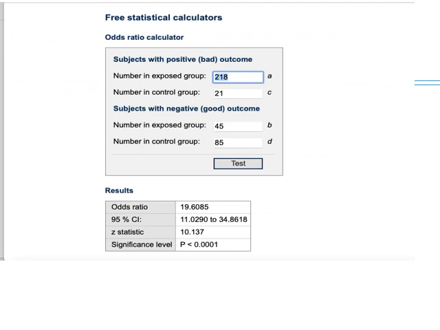But you can also use an online odds ratio calculator and you will get the same answer. You just simply plug in the values without really memorizing the formula, and voila, you have your odds ratio and you already have your 95% confidence interval.